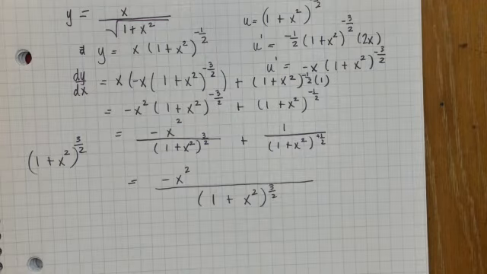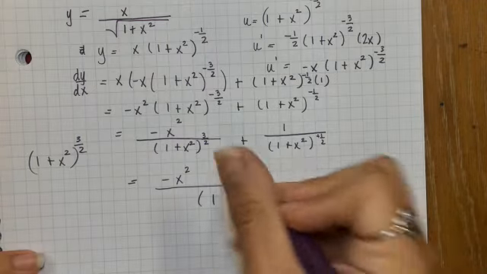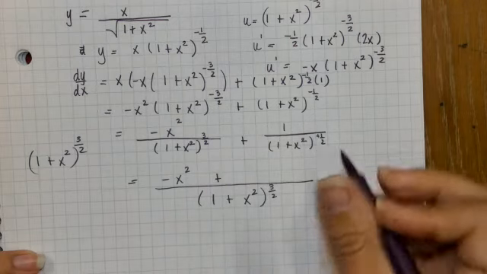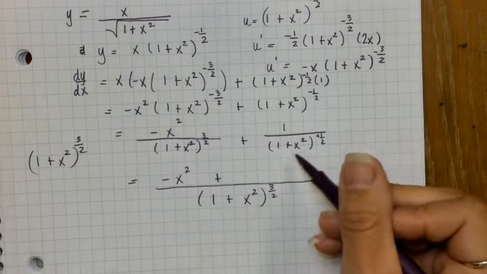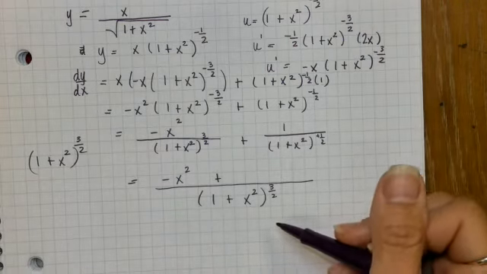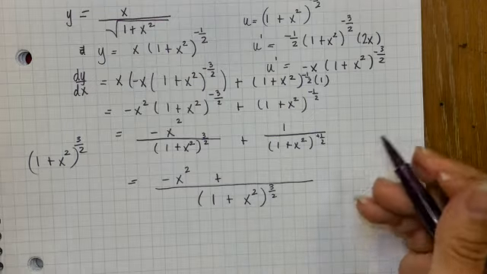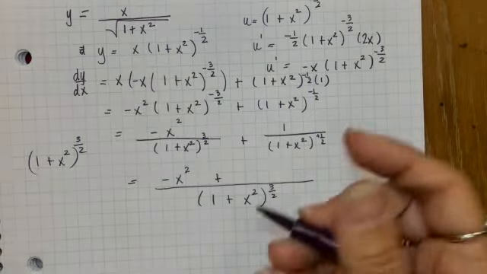There's no way you're not showing work for these problems, that's for sure. And then this needs to be, to get from 1 plus x squared to the 1/2 to 1 plus x squared to the 3/2, I need to multiply by 1 plus x squared, because that's 2/2, add 1, you get 3/2.